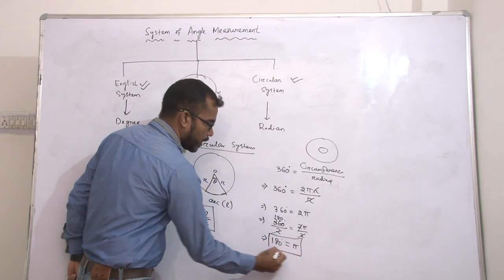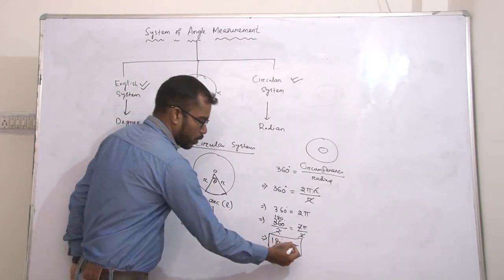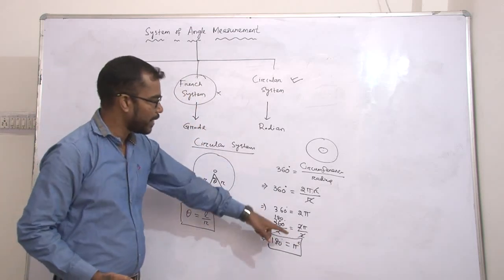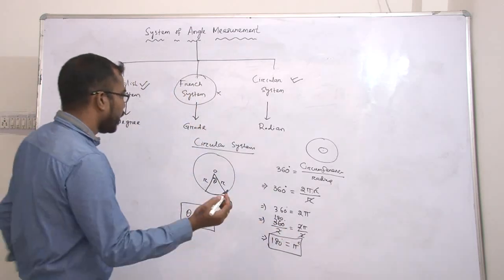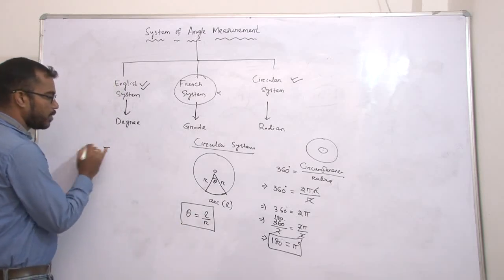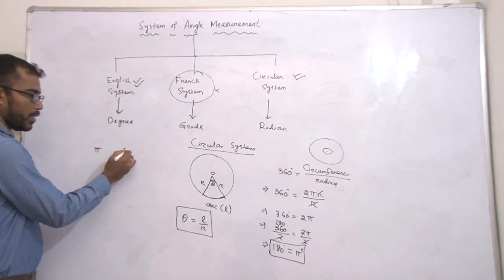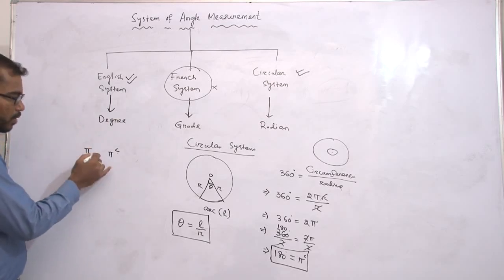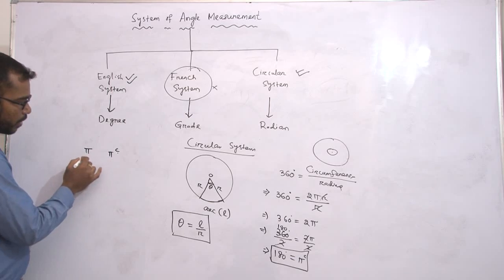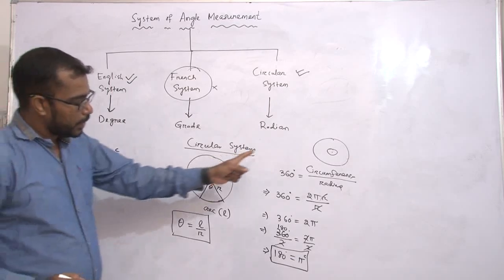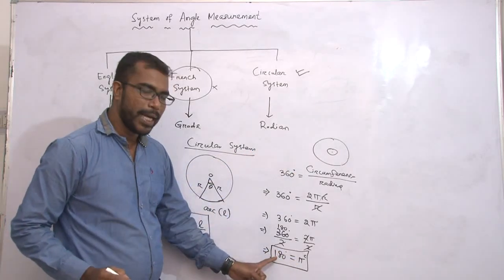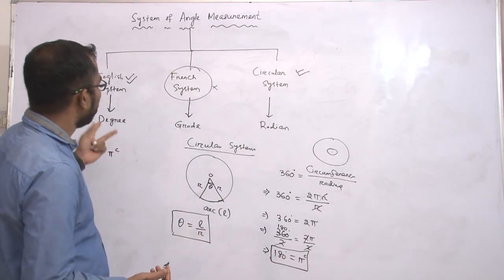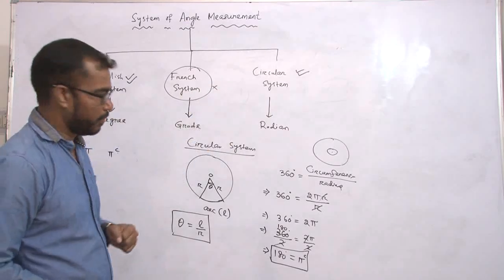So here is the relationship. We can write pi or pi to the power c, because radian is denoted by c. Both are equal. So 180 degrees is equal to pi radians. That is the relationship between degree and radian.